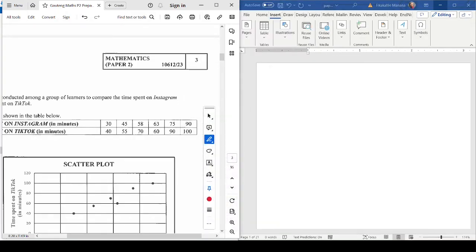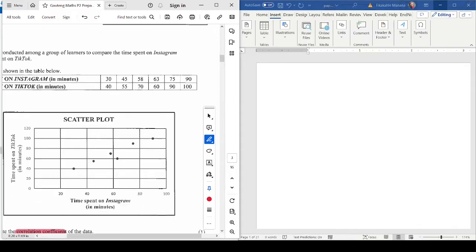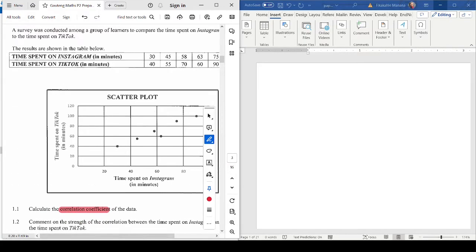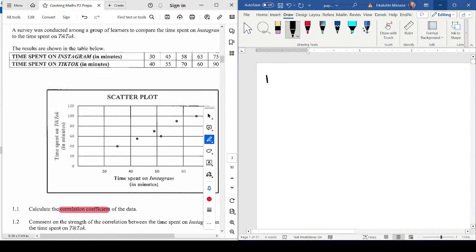Cool. So our answer here, let's just check the question number. Let's go back. It's 1.1. So our answer for 1.1 is R is equal to 0.96.